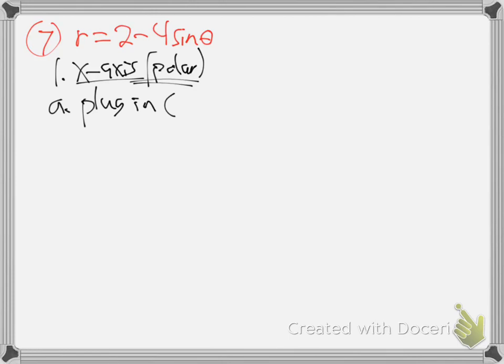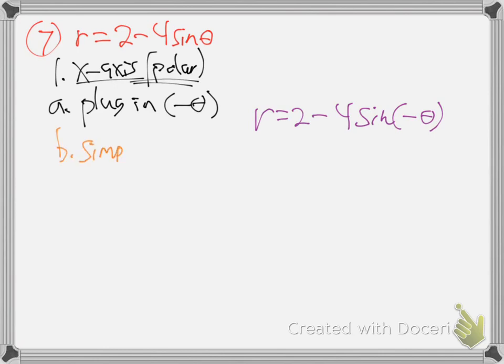So, A, plug in negative theta. What do you get? You get r equals 2 minus 4 sine negative theta. B, simplify. Now, how can I simplify that?